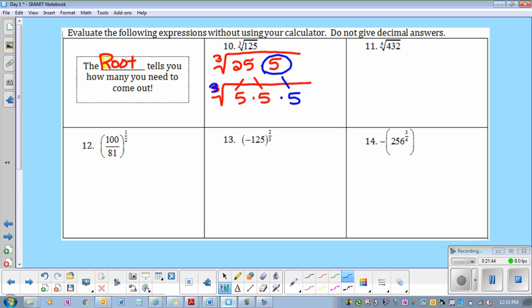That tells me I need 3 of the same thing inside in order for it to come out. I have three 5s exactly with nothing left over, so this is just going to be 5.